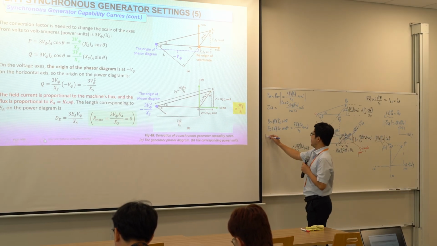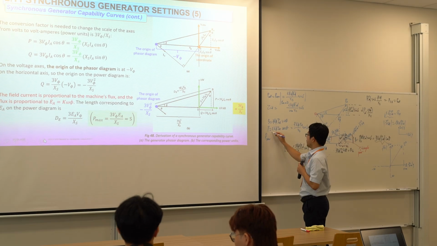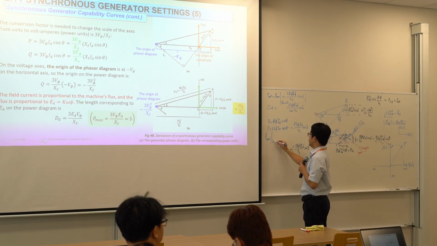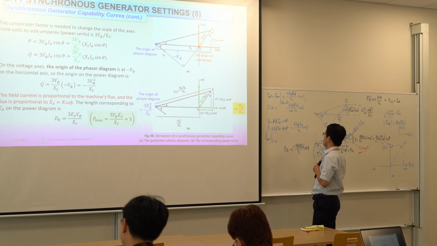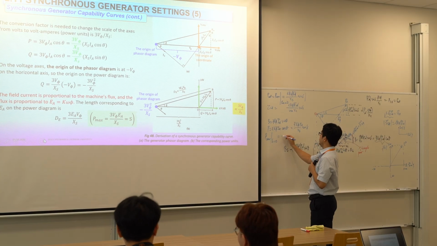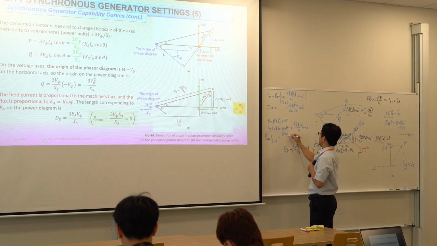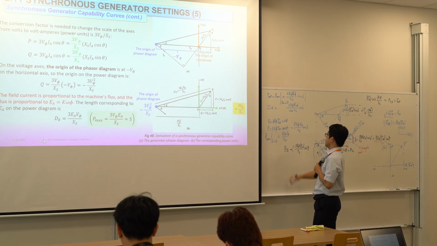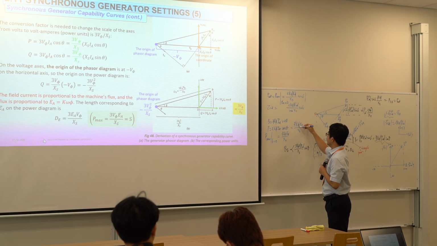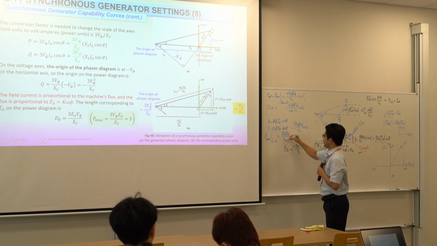So you get P max, that means delta is 90 degrees. So you can get P max is 3V phase EA over XS. Of course, this one is the magnitude.